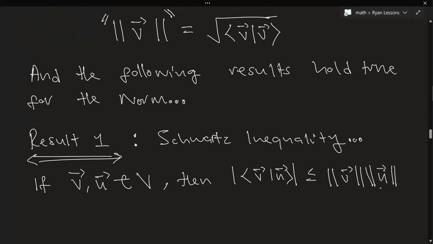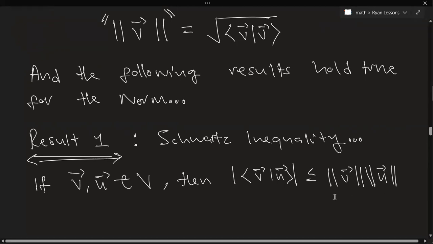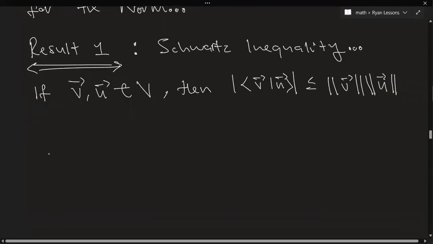For any two objects that come from a vector space in which an inner product has been defined, that inequality will always hold true.